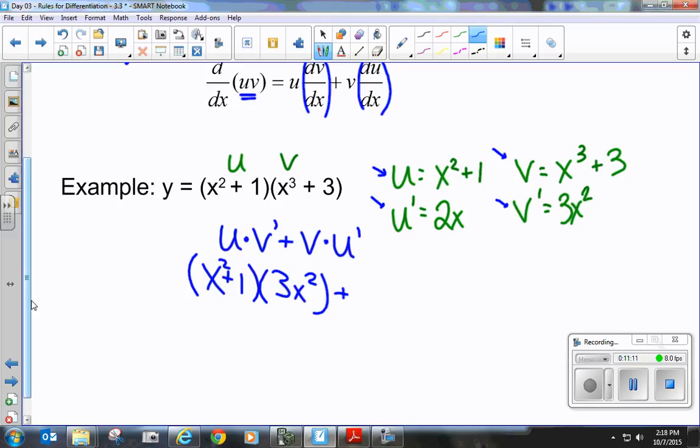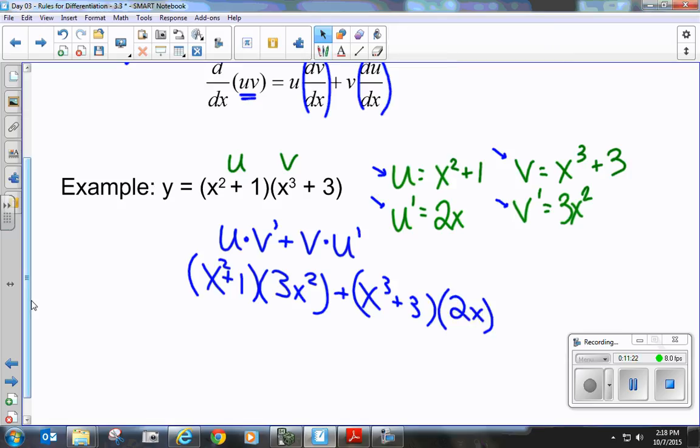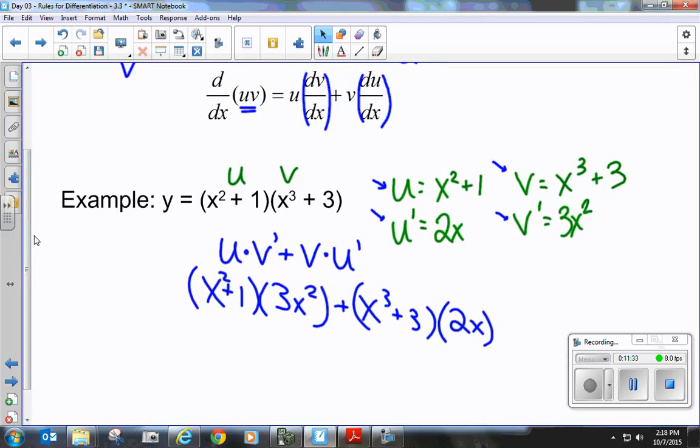Plus, what is v? Well, it's x cubed plus 3 times the derivative of u, which is 2x. Now I'll just clean this up. So that's the hard part. Just make sure you know which one is the derivative and which one you're multiplying. You've got to multiply one times the other's derivative, and then the second one times the other's derivative. You see what I'm saying? Each one is multiplied by the other one's derivative, and you add them together.